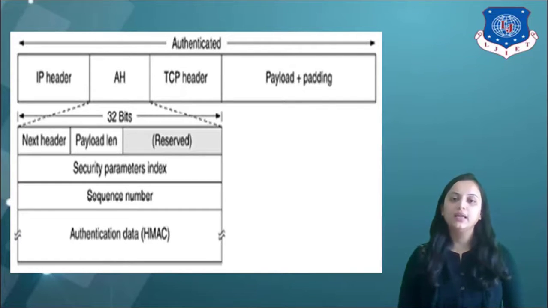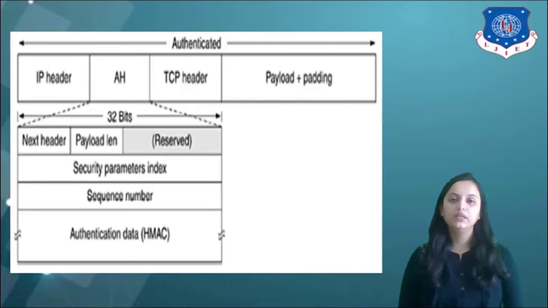It provides integrity checking and anti-replay security, but not secrecy, that is, no data encryption. The authentication header is used in transport mode, which is indicated in the figure. In IPv4, it is interposed between the IP header and TCP header. In IPv6, it is just another extension header and treated as such.